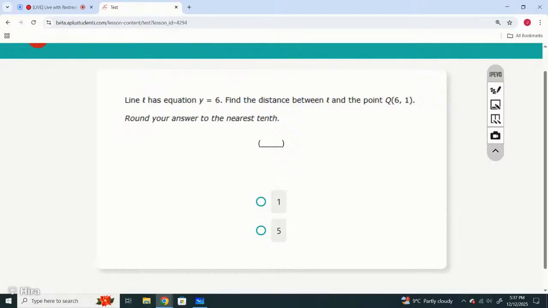Line L has the equation y equals 6. Find the distance between L and the point Q (6, 1). So which is the correct option?